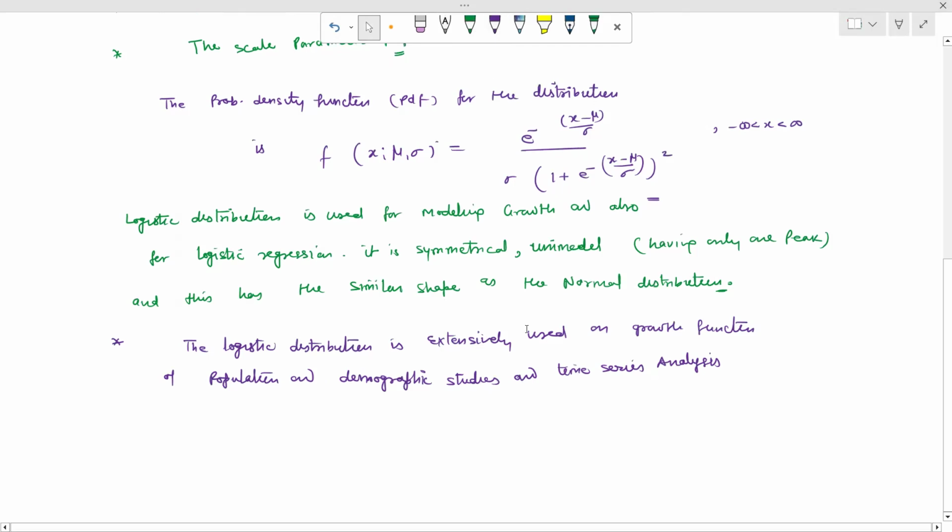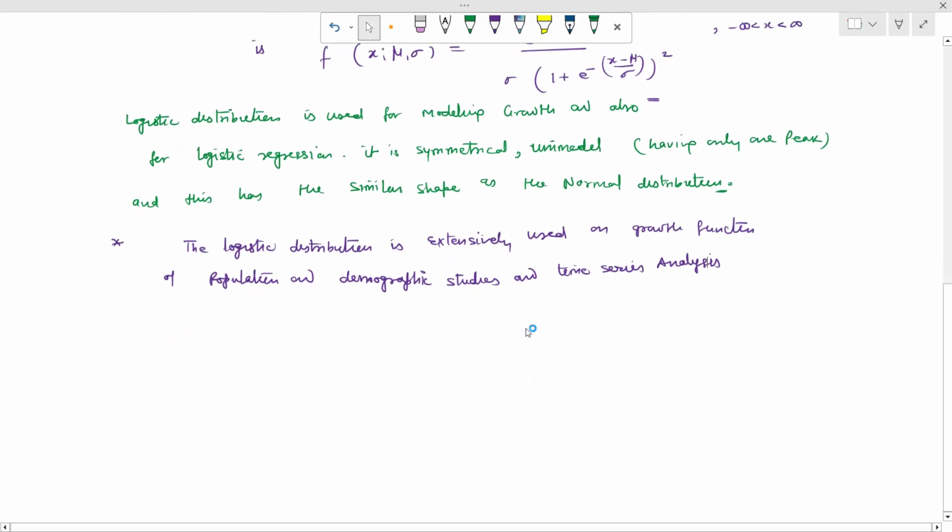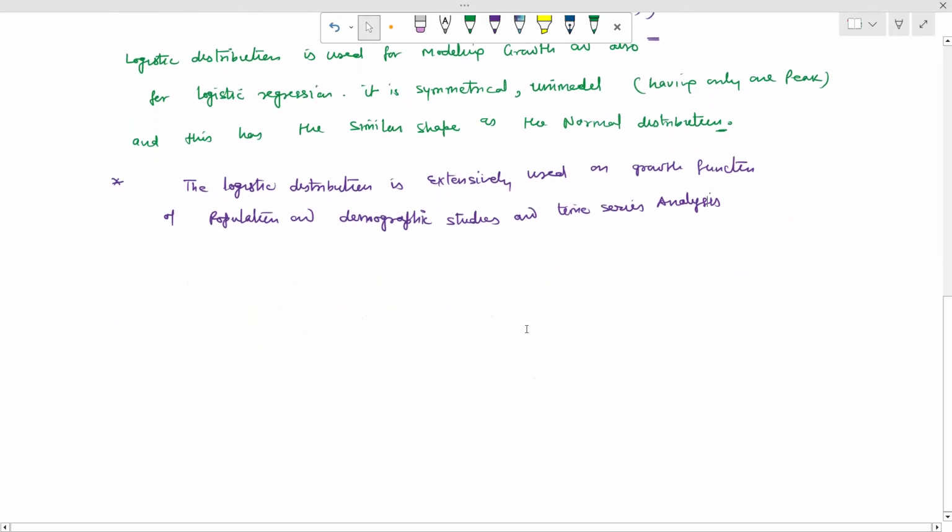So basically we use it for population growth, demographic study and time series analysis.